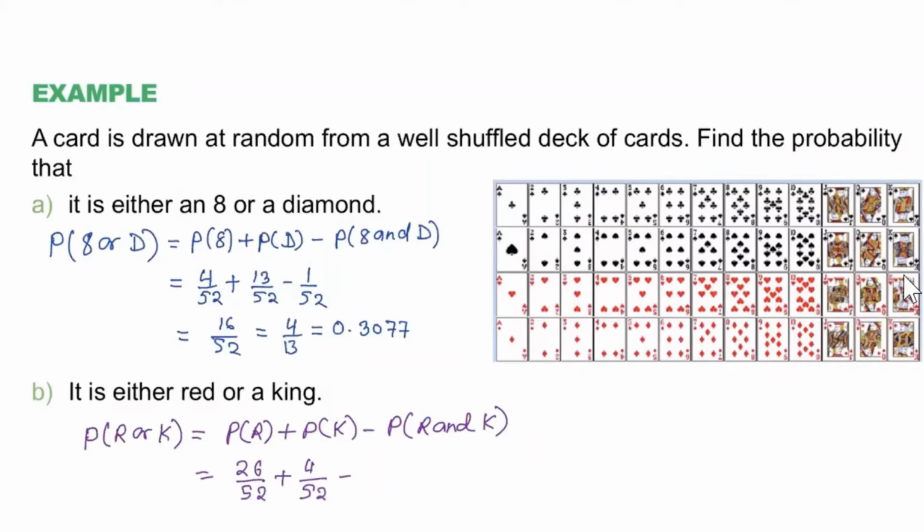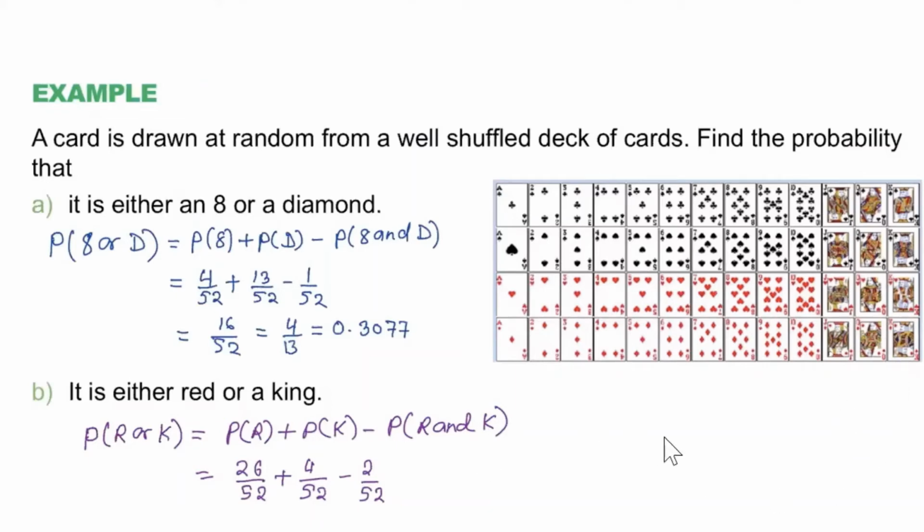These two cards are red and also they are kings. So you have 2 out of 52. Remember one thing, in the exam, you don't see this list, but you should know these cards, or you can print and keep this with you so that you can just look at them.